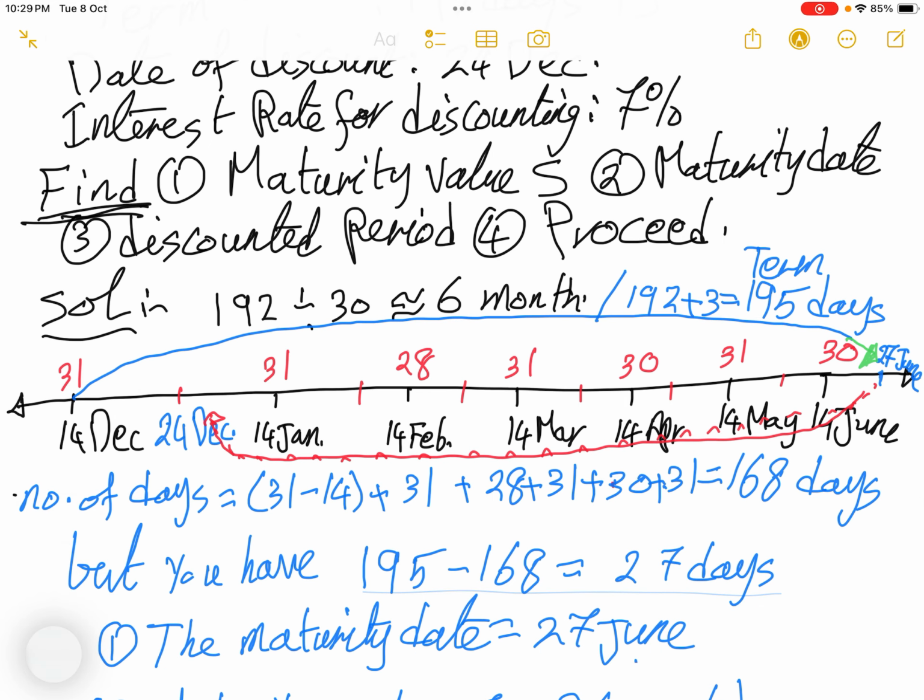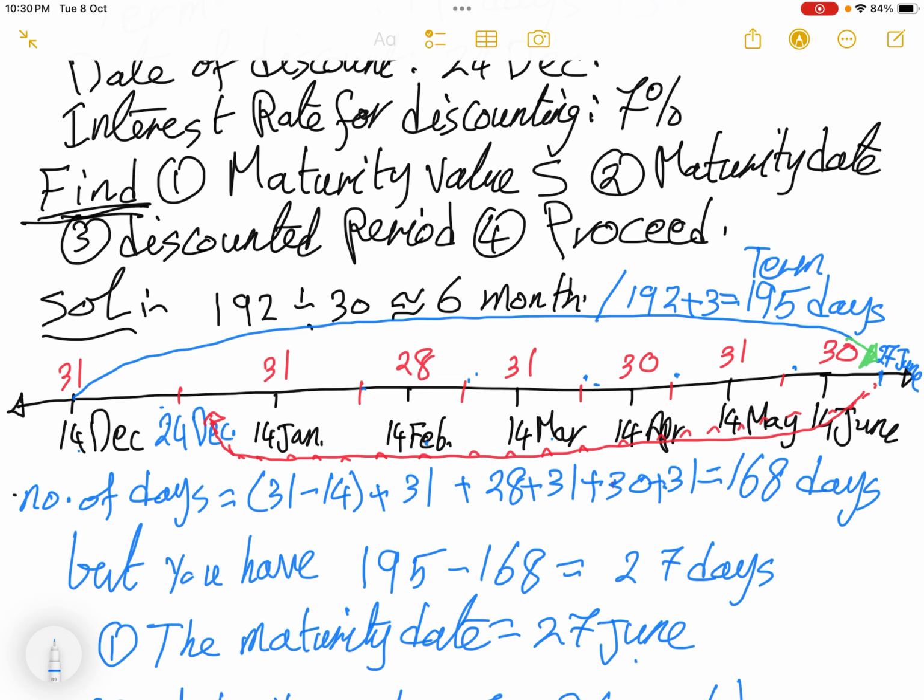Here we will calculate first of all 193 divided by 3. It will seem to be 6 months. This is why write 14 December, 14 January, 14 February, 14 March, 14 April, 14 May, 14 June, 1, 2, 3, 4, 5, 6, but it is not 6 exactly.